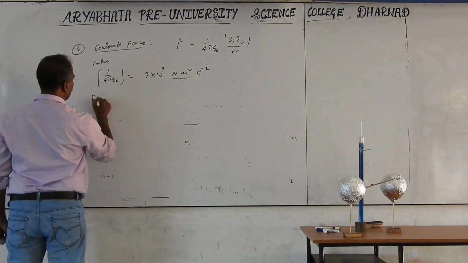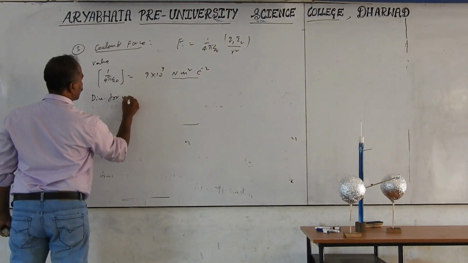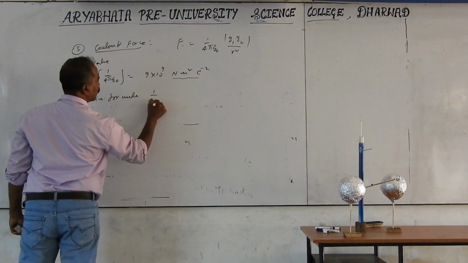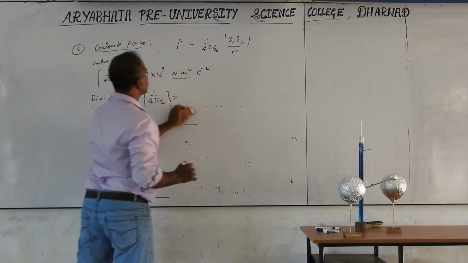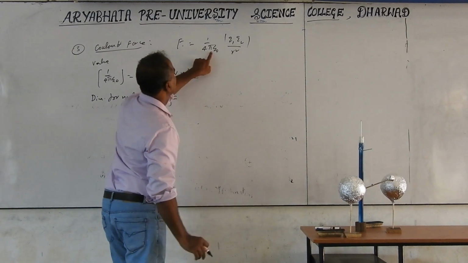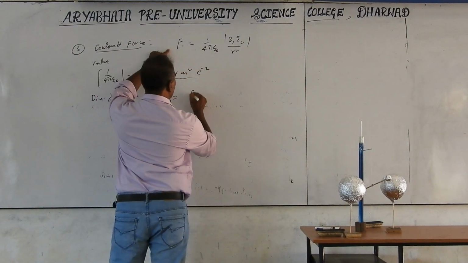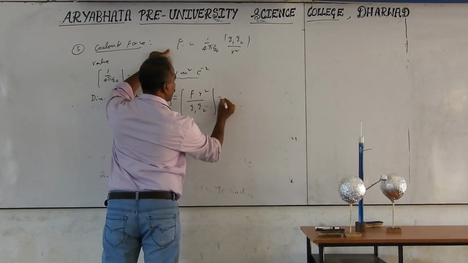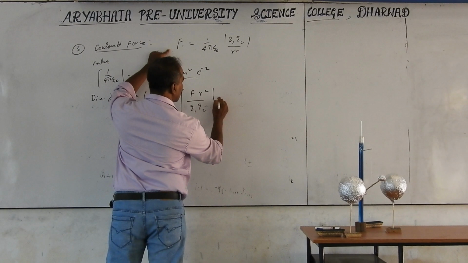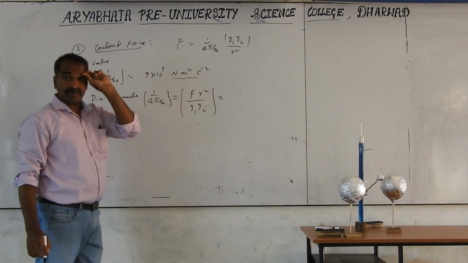Dimension formula of 1 by 4 pi epsilon naught. From the relation, we get F into R square by Q1 Q2. Whether charges are positive or negative, we are talking about the units and dimensions.